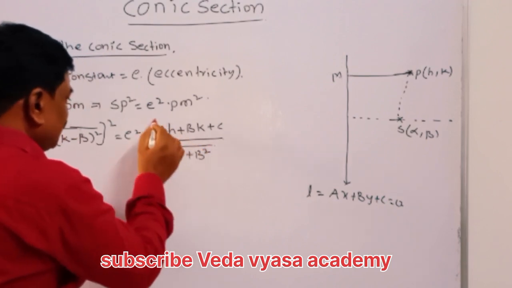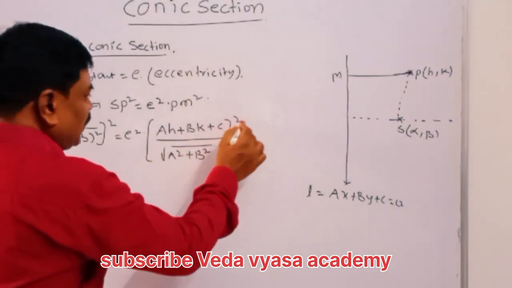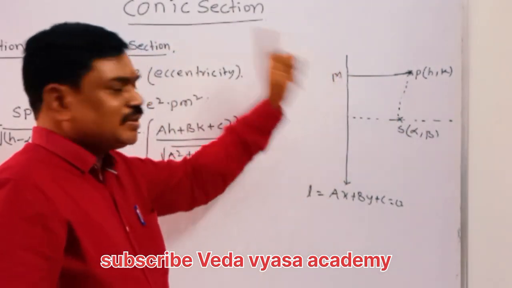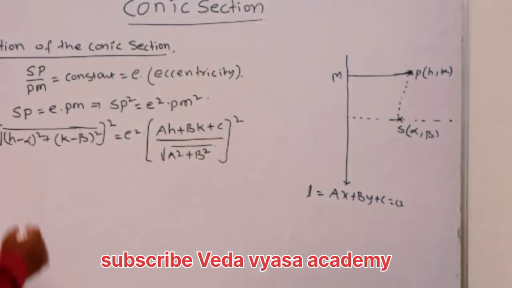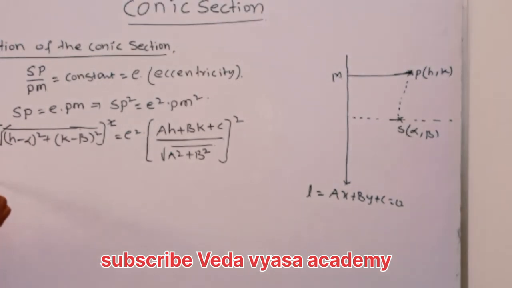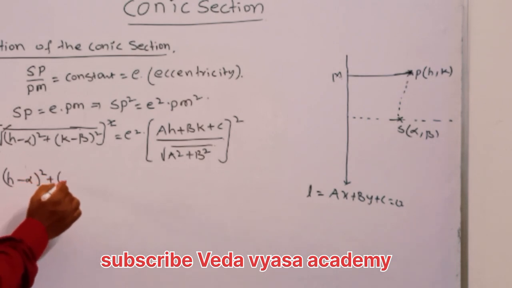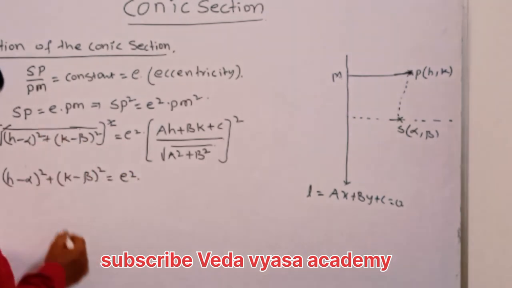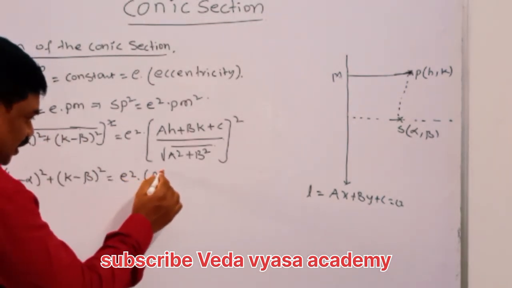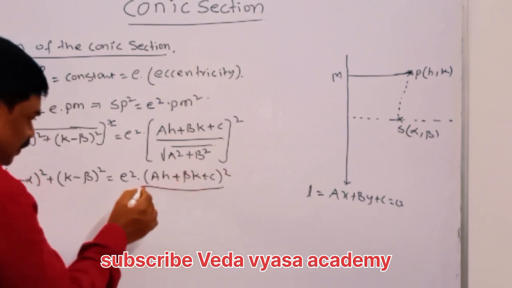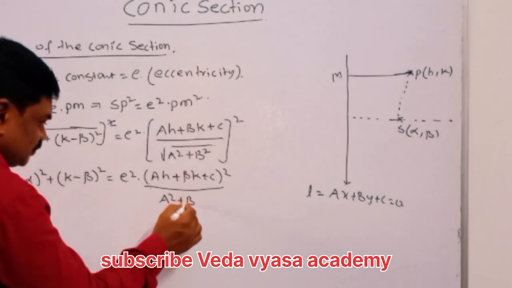So the square root cancels, and it can be written as (h minus alpha) whole square plus (k minus beta) whole square is equal to E square of (Ah plus Bk plus C) whole square by (A square plus B square).